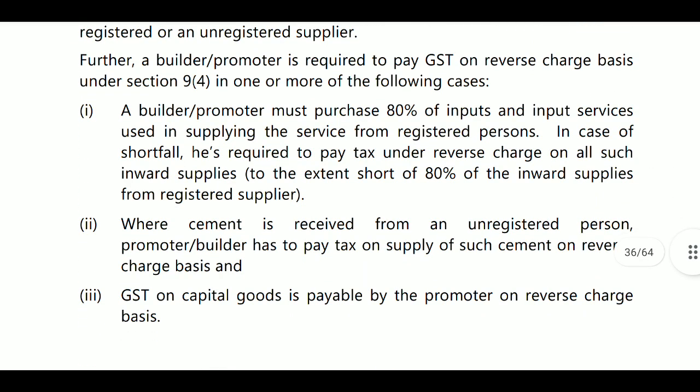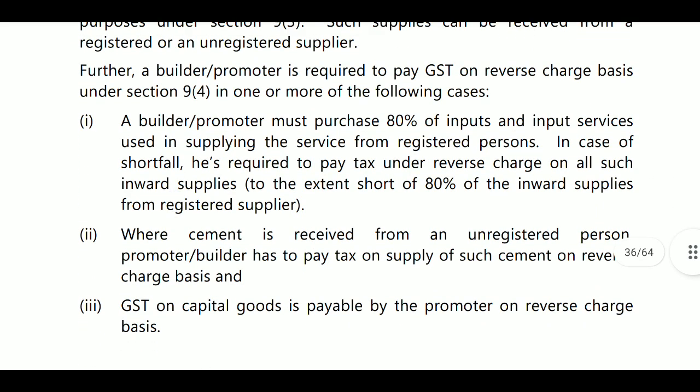What is the concept of payment voucher? There is a payment voucher where the recipient is a registered person and is paying: the supplier supplies the goods and receives the amount, and the recipient receives the goods and makes the payment.